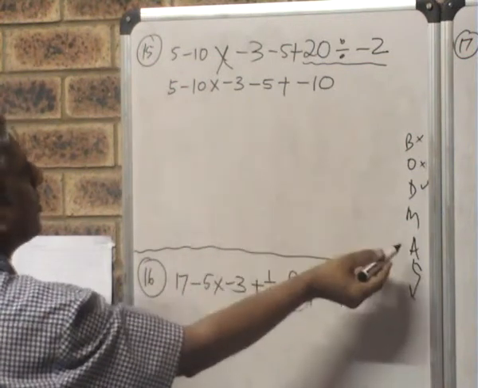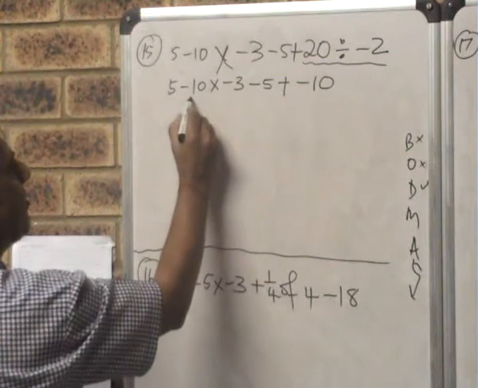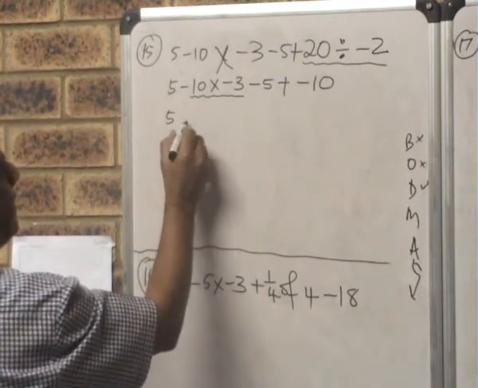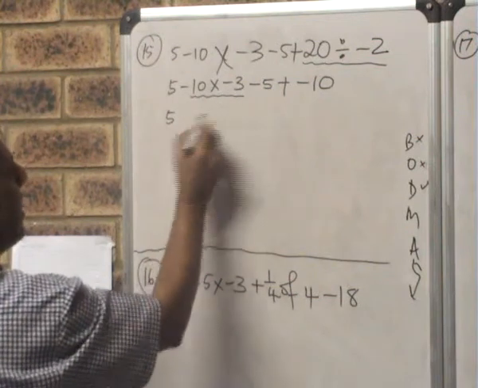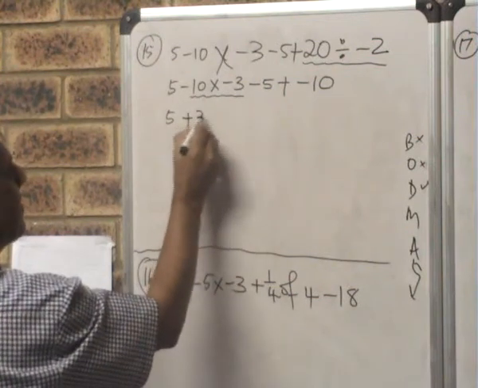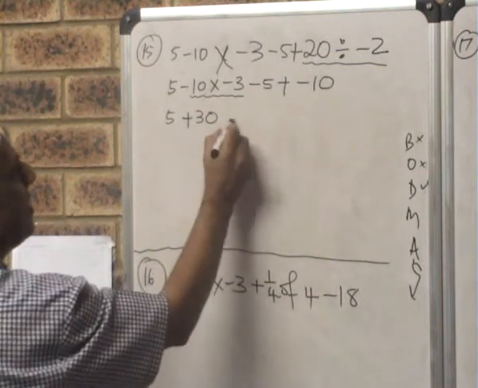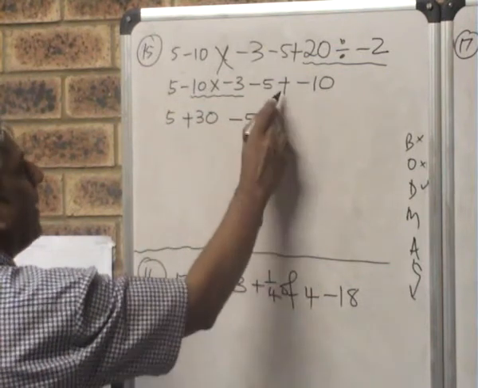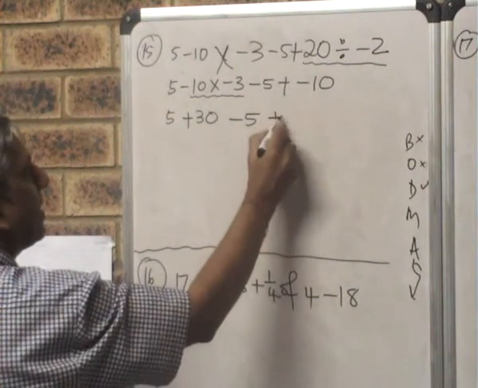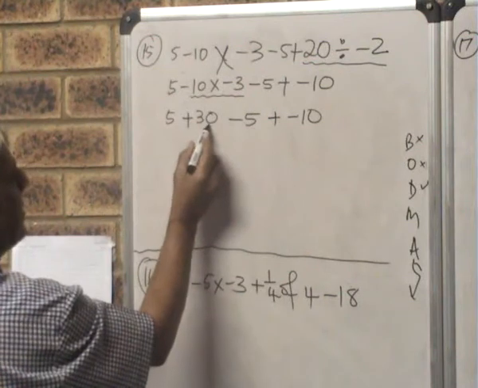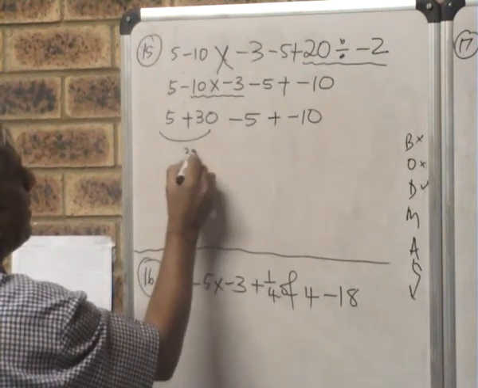Now you go back to the rule of BODMAS. You read this question and you have a multiplication now. So it's 5, minus 10 times minus 3 will give you plus 30, minus 5, plus minus 10. Now, 5 plus 30 going left to right will give you 35.